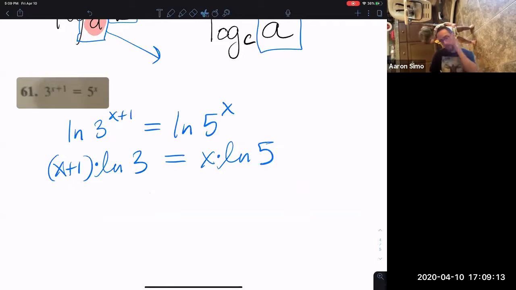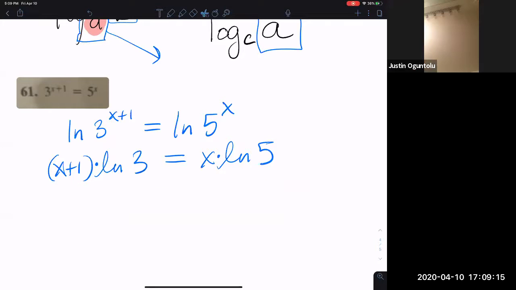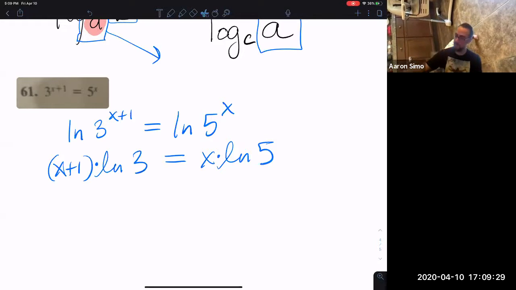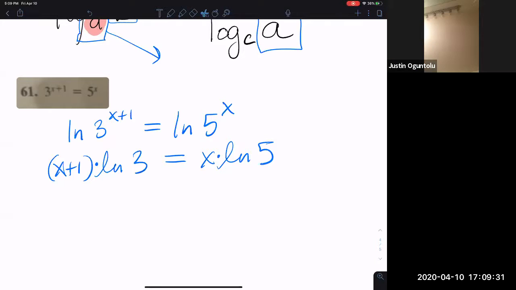Okay. x plus 1 times ln of 3 equals x ln of 5. So you can't divide by ln of 3, and you can't subtract ln of 3.